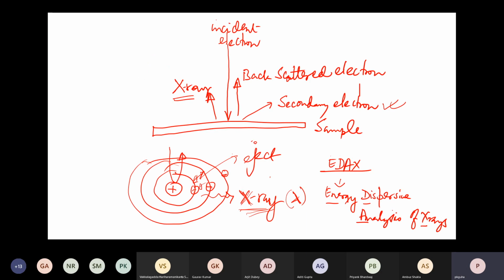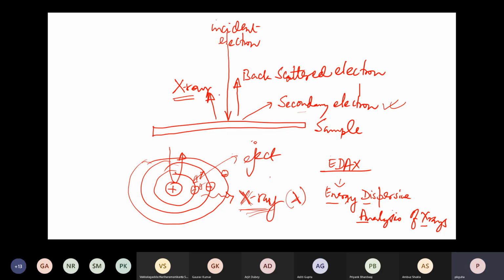Whatever we have discussed now is that there are three kinds of interaction. One is inelastic interaction, where secondary electrons come out. The incident electron will interact with electrons of the sample, and these secondary electrons will have low energy. As I said repeatedly, the secondary electron will come out from very close to the surface of the sample.